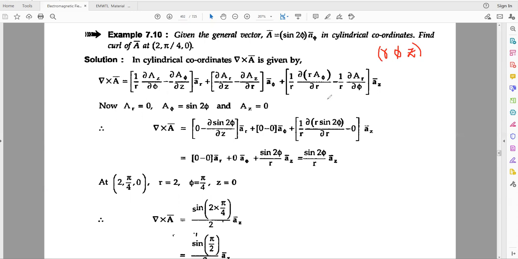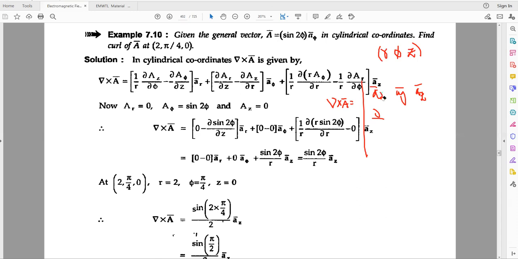So first of all, you can write del cross A bar is equal to... What is the del cross A bar? In Cartesian it is AX bar, AY bar, and AZ bar, with del dou by dou x, sorry, this is the cylindrical coordinate system.